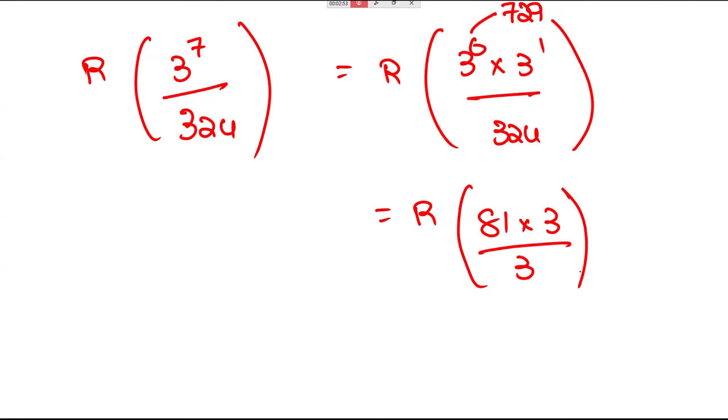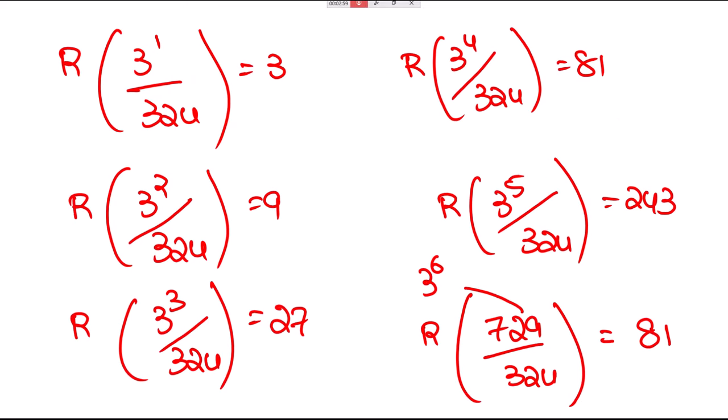So I am writing 81. 81 into 3 is 243. Now you analyze what is happening: after the first 3, if you remove 3 from the power, then onwards 81, 243, 81, 243 is repeating.